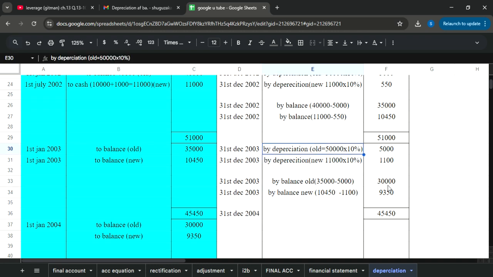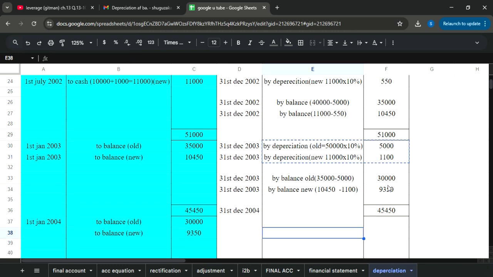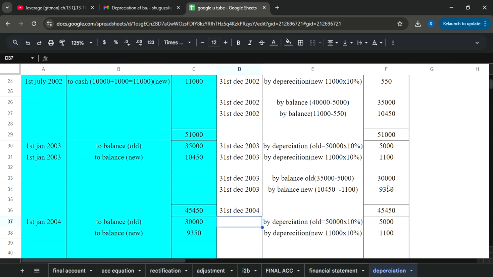Again, there will not be any difference because we are following the fixed base method. So there will not be any change in depreciation. Here you will mention the date 31st December 2004. Similarly over here.